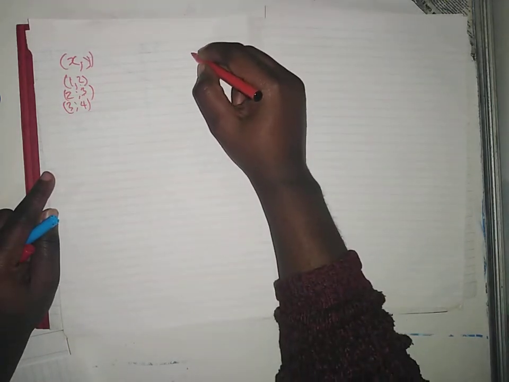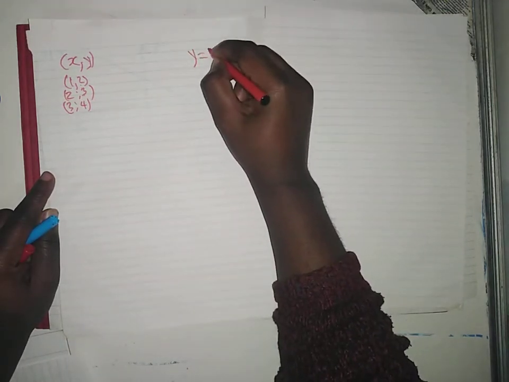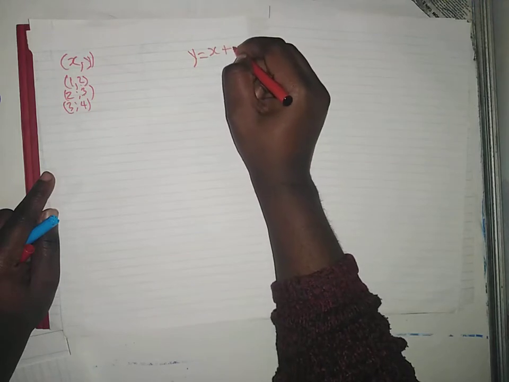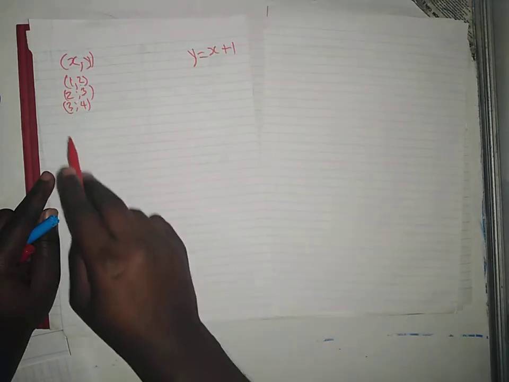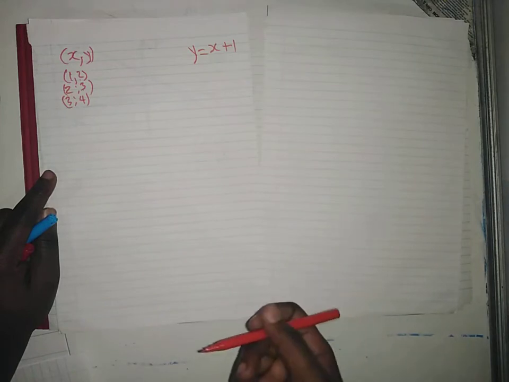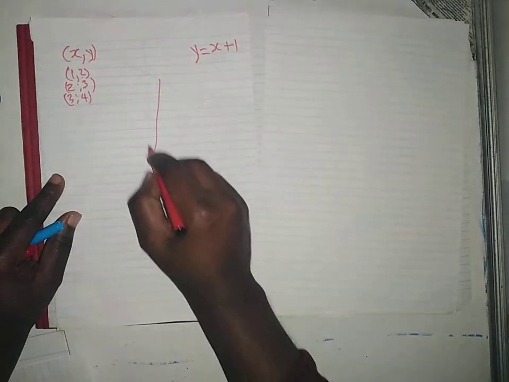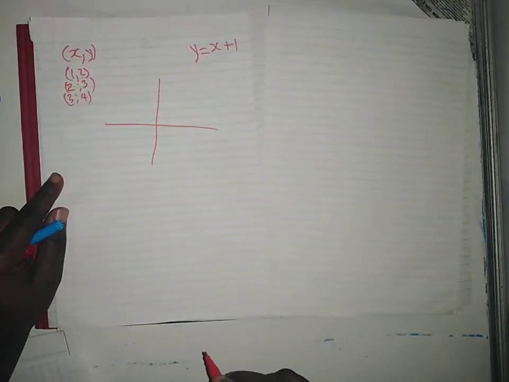To get this 3, you take this 2 and add 1. So whenever you want y, you take the value of x and add 1. There is a relationship between these points, and you use that to form a function. After forming the function, you are able to plot the graph.